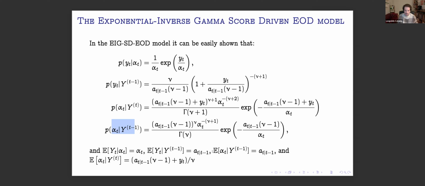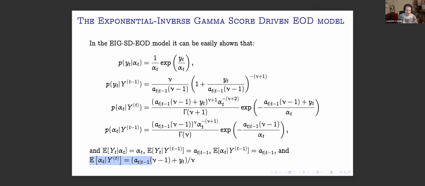So, for example, the predicted mean of the state variable, which in this case coincides with the predictive mean of the observables, but also the filtered mean of the state variable.